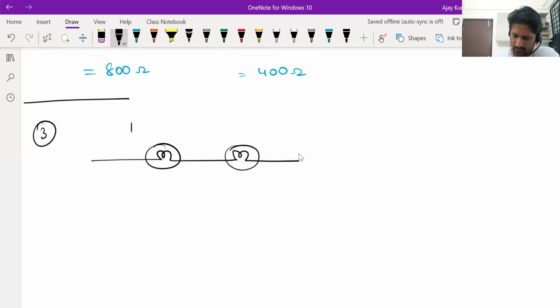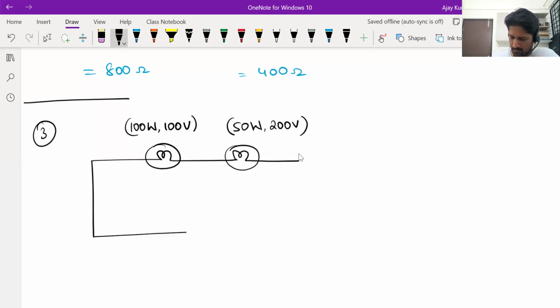Suppose there is a 100 volt bulb, and there's a 50 watt 200 volt bulb. Assume the supply voltage is 300.